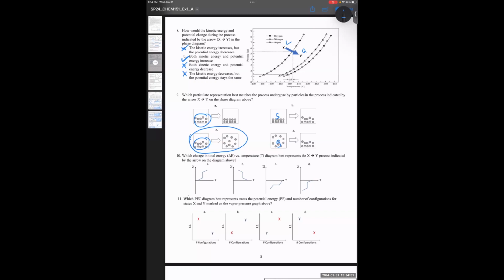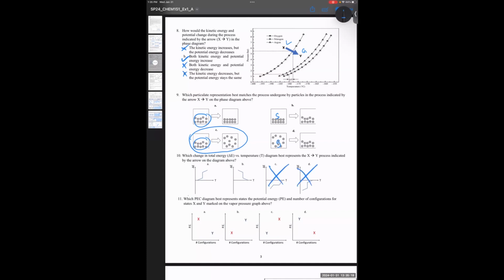Question 10, which change in total energy versus temperature diagram best represents the X to Y process? During the X to Y process, the temperature is increasing, meaning we are heating the system. If we're heating the system, delta E, the change in energy, is positive. Therefore, these are out.